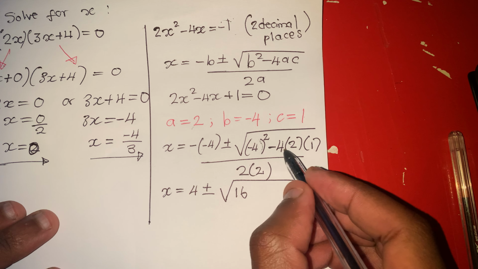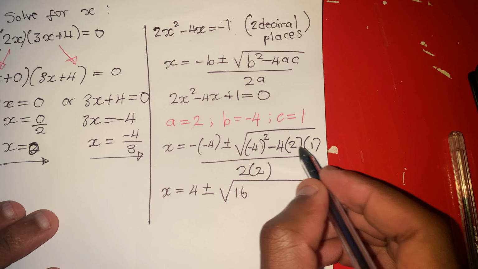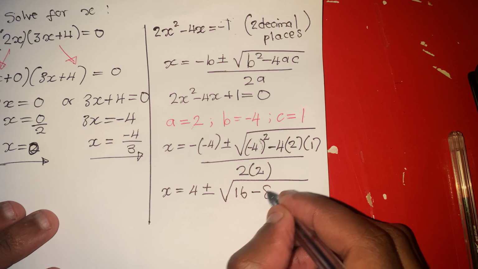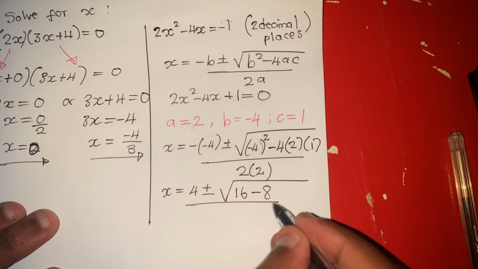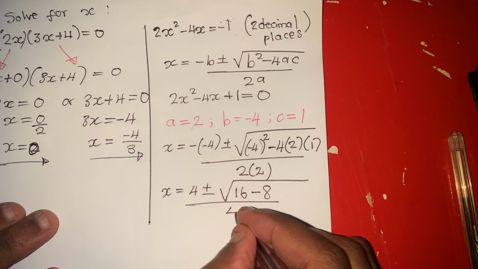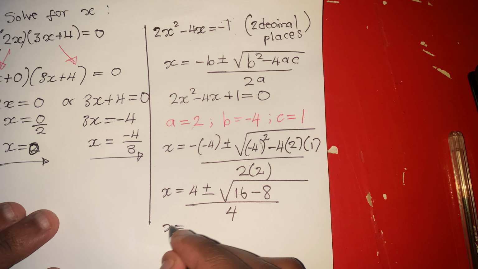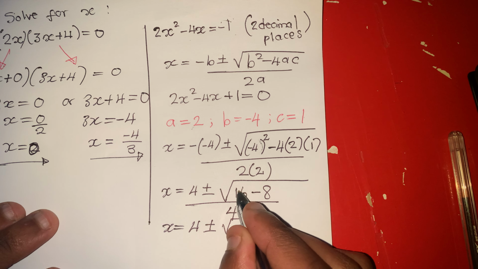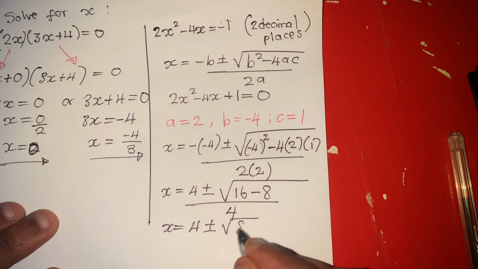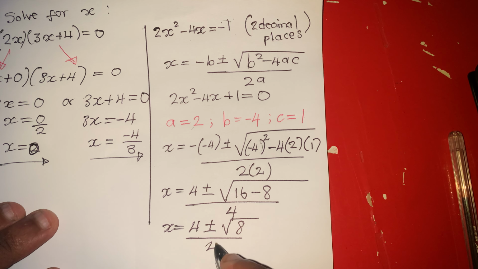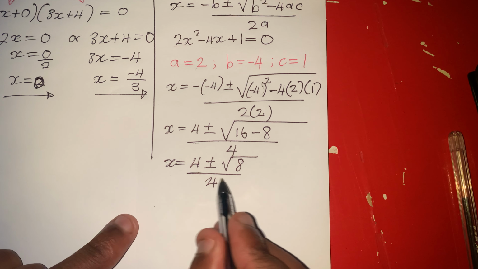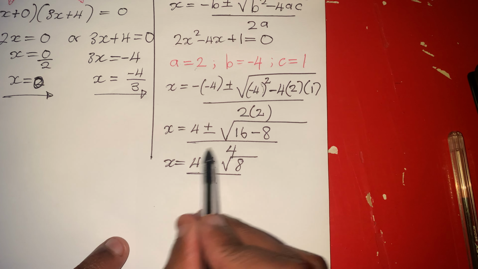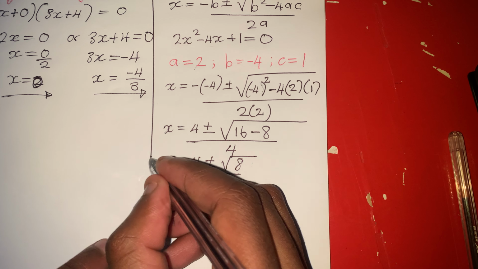And then 4 times 2 times 1. 2 times 1 is 2. Then 4 times 2 is 8. So you have that 2 times 2 is 4. So you simplify further. Square root of 16 minus 8 is 8 over 4. From here, this is the simplest form of your equation.